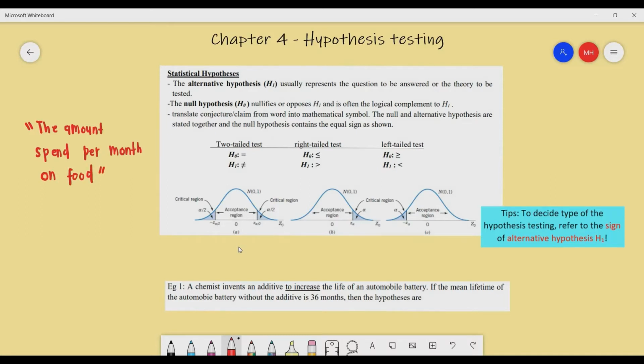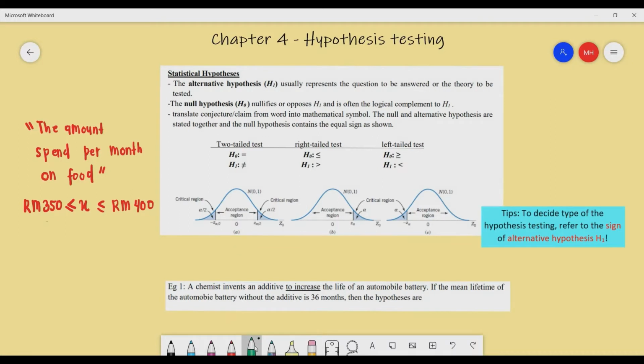In chapter 3, we have the average that we obtain from the survey, which is from RM350 to RM400. This is what we call a confidence interval in chapter 3.